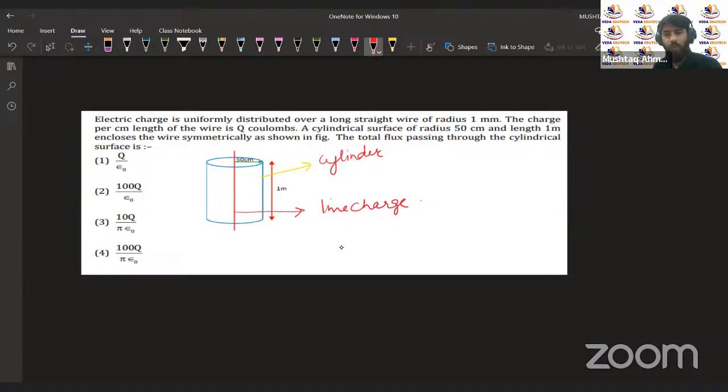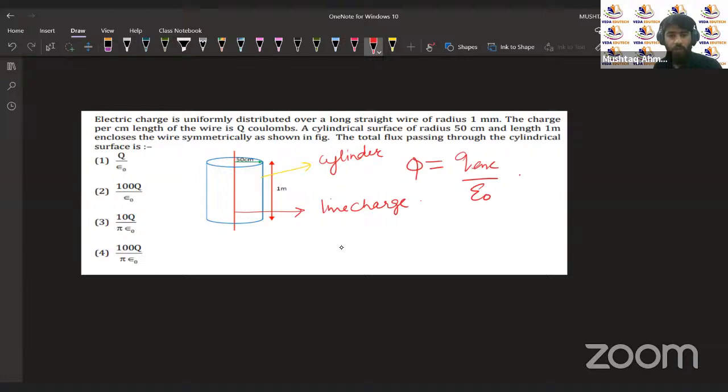We have to calculate the total flux passing through the cylinder surface. This cylinder encloses a line charge, so it encloses some charge, and because of that charge there will be electric flux associated with the cylinder. We know that total electric flux through a closed surface is the charge enclosed upon epsilon naught.